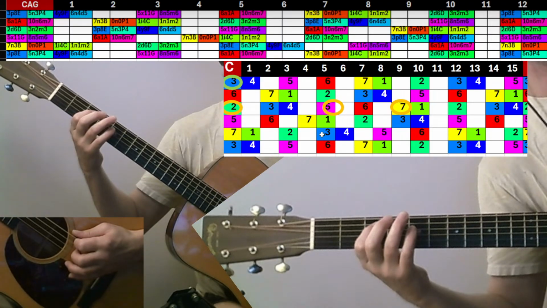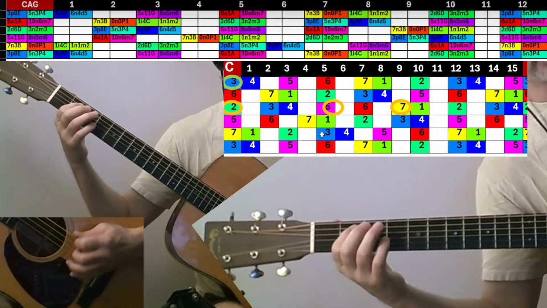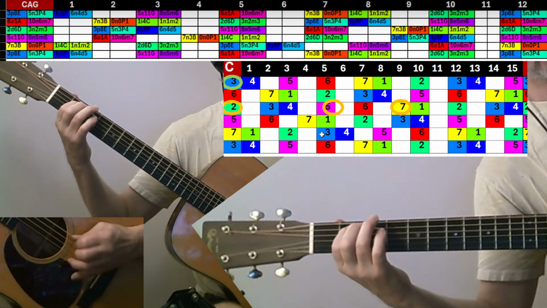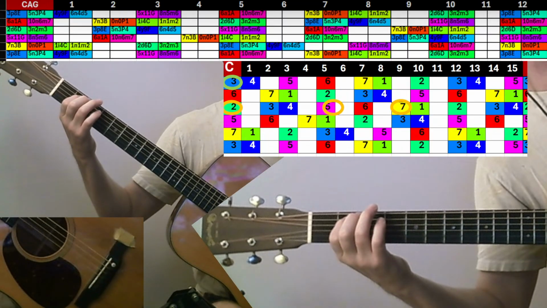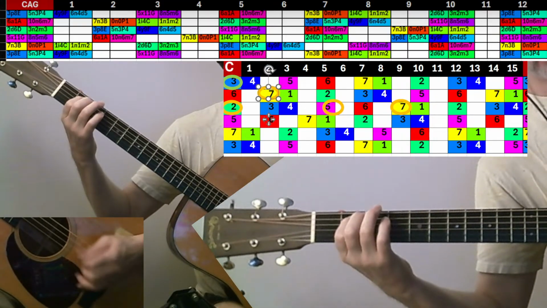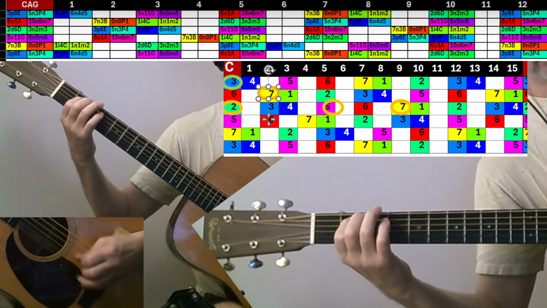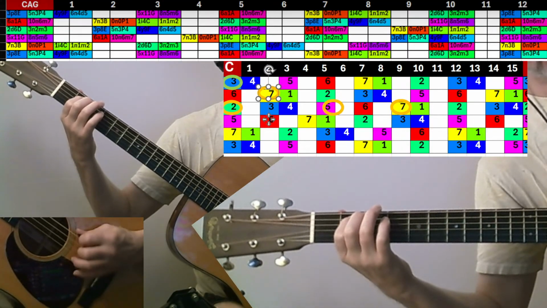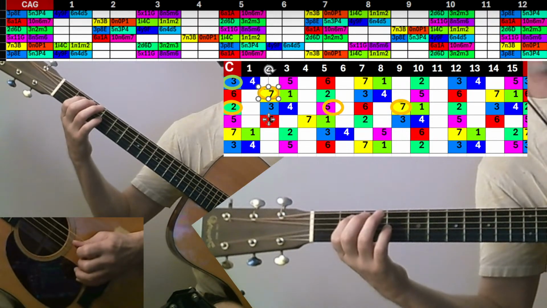So what if I can play this 5th right here? Oh, that one. That's why that works so well. So now I'm playing the 5th on this string. Play up on this string, I can get that 7 in there.